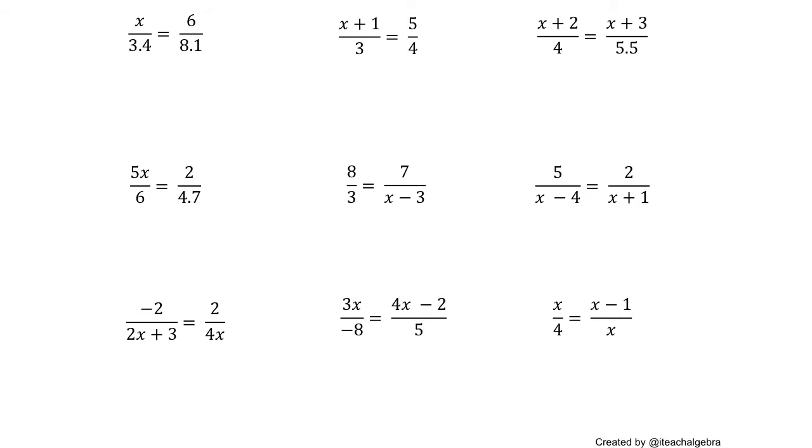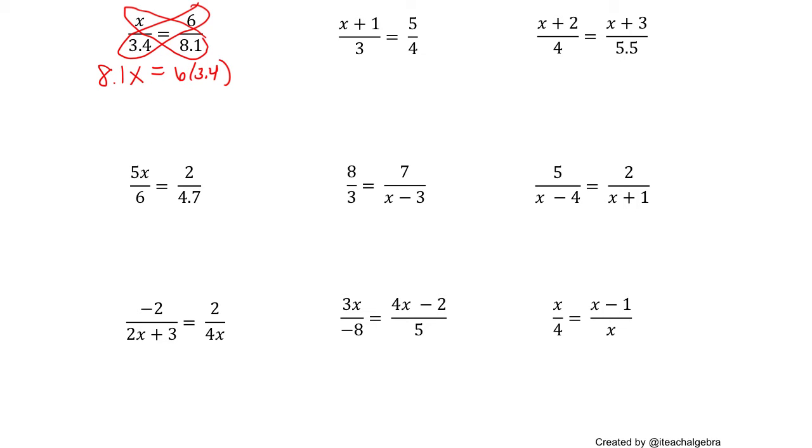So when I cross multiply, you don't have to make the circles, but they sometimes help me to see what I need to do. I've got 8.1x equals 6 times 3.4. I want you to notice something really quickly. I went from having a fraction here and a fraction here split by an equal sign to no fractions, and an equal sign.